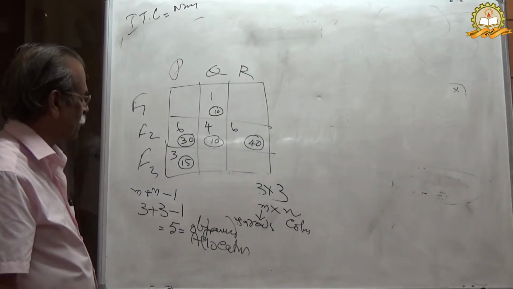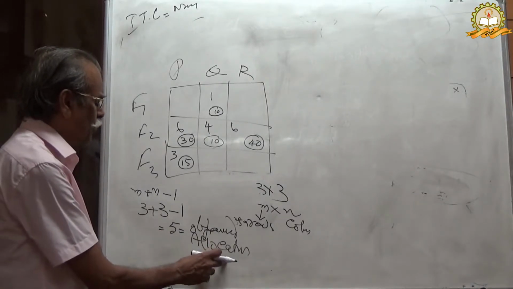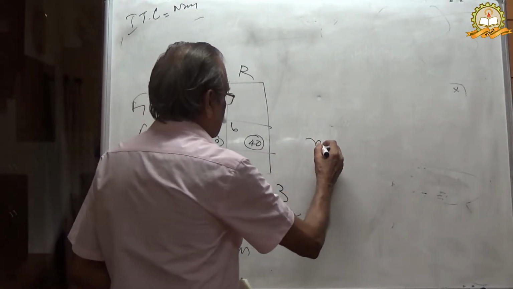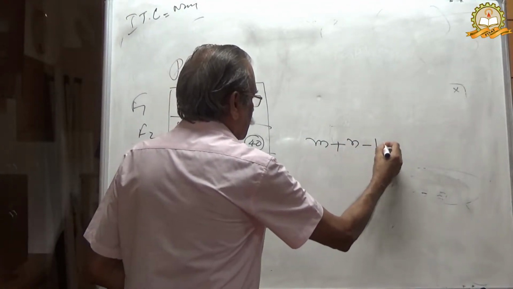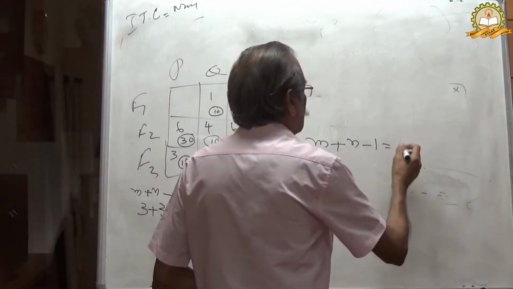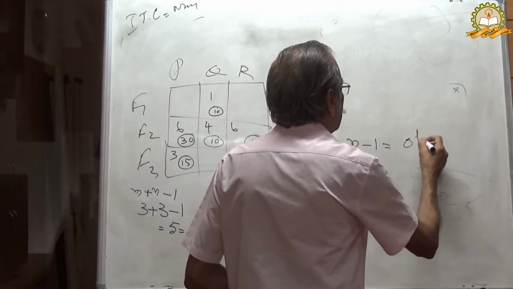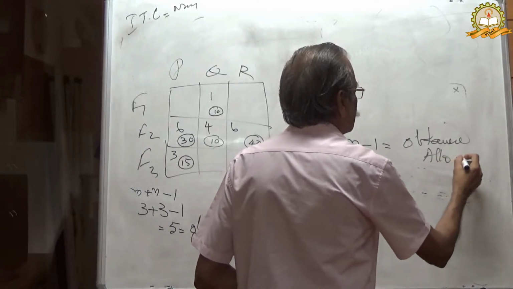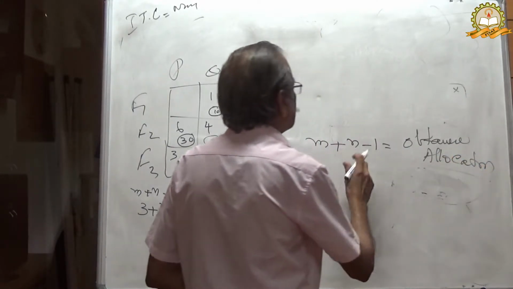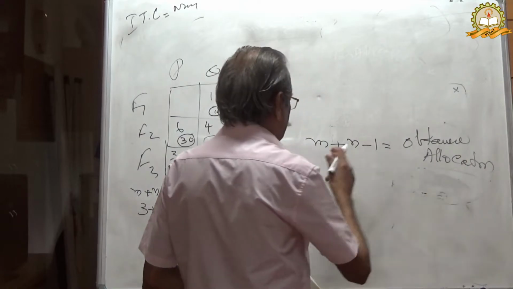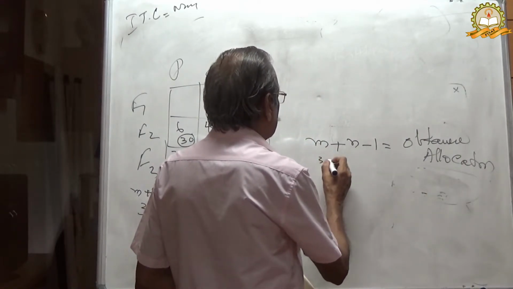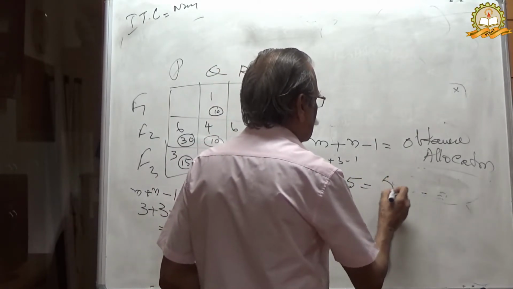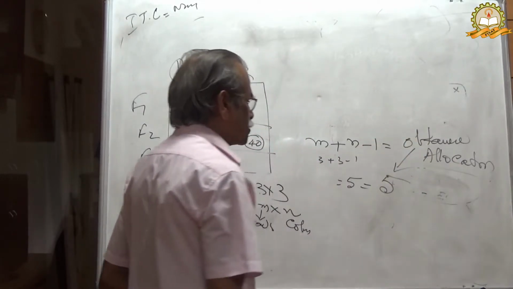If m plus n minus 1 is equal to the obtained allocation, here m plus n minus 1 equals 5, and on solving you got the obtained allocation is also 5.